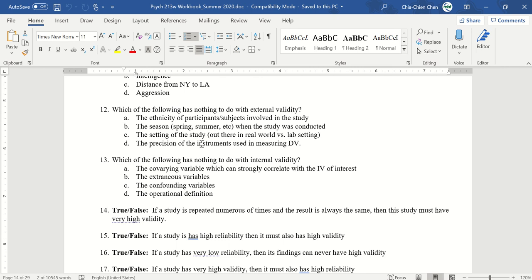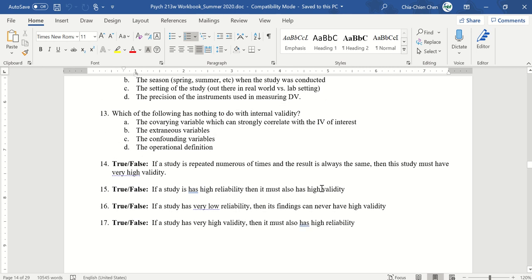So it's not A, it's not B, it's not C, because all of these have something to do with the external validity. So the correct answer would be D, the precision of the instrument used measuring the dependent variable. So what is D? This will be reliability. We're going to talk about this in the second week. Okay.